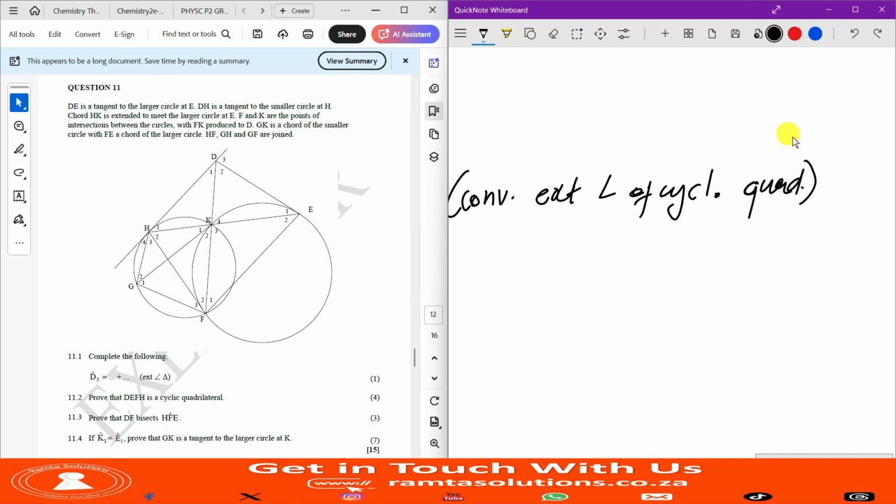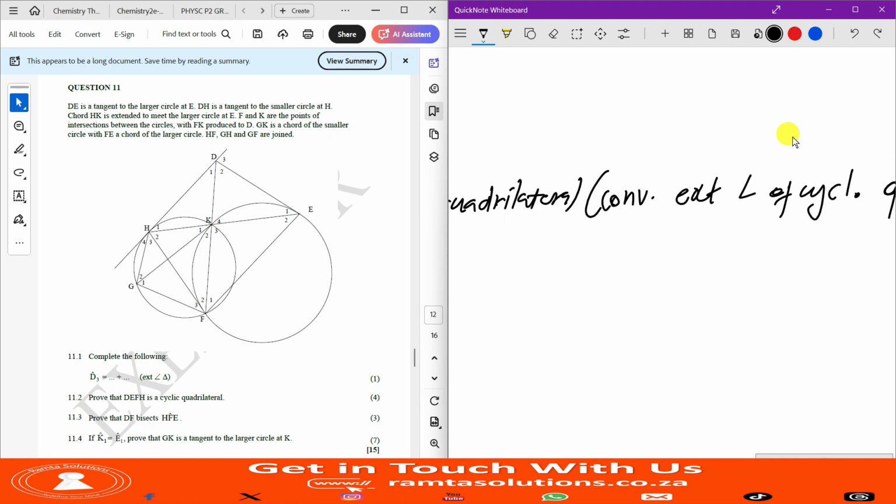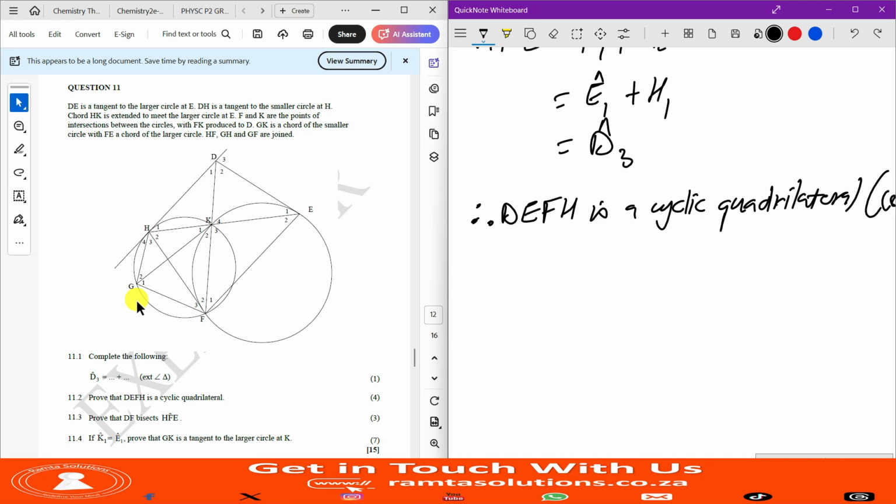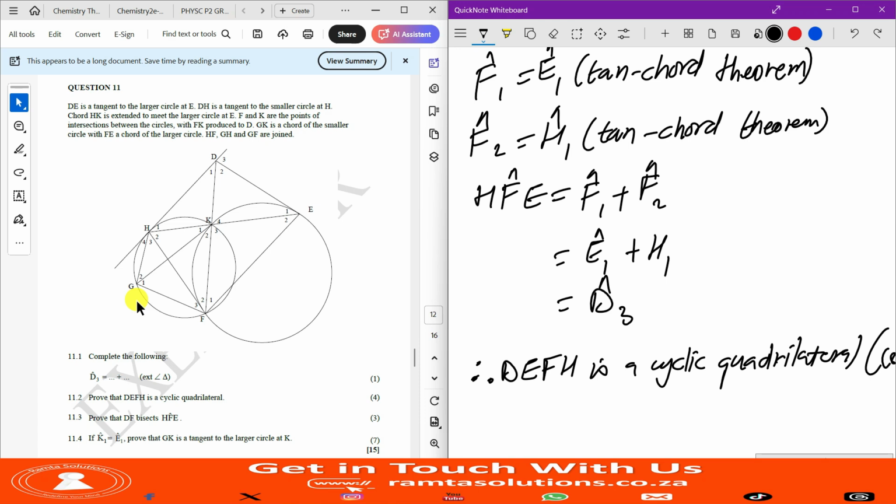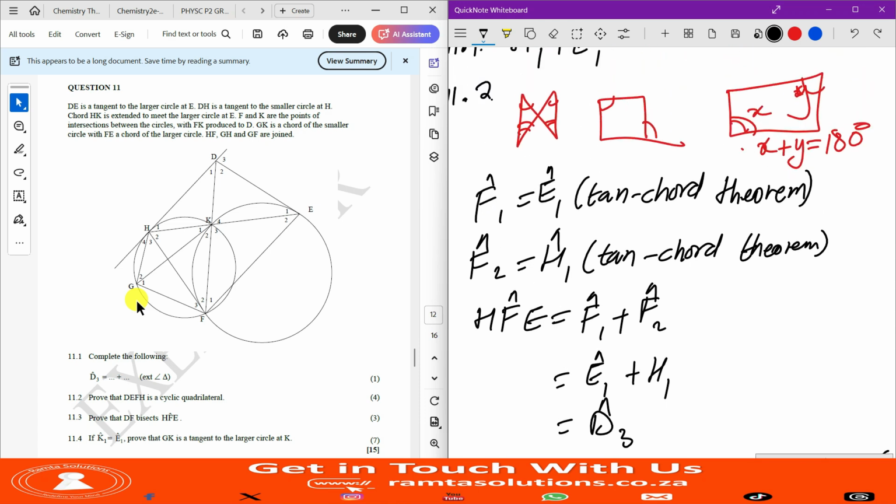We are using converse because these points are not really concyclic, they are not on a circle. Had they been on a circle, we wouldn't have said converse. We would have simply said exterior angle of a cyclic quad. So this is how we proved 11.2. Happy? Great stuff.